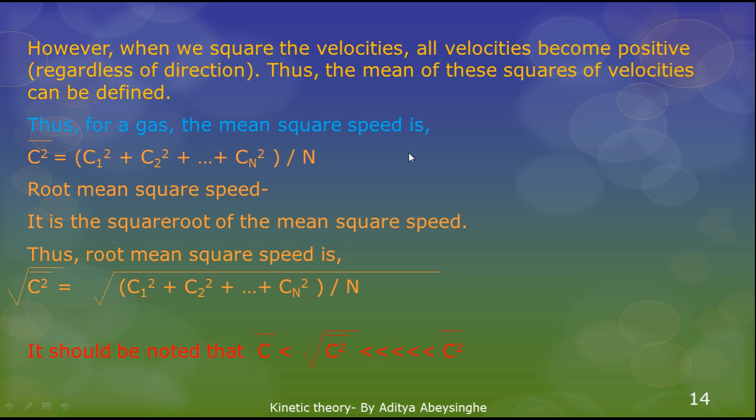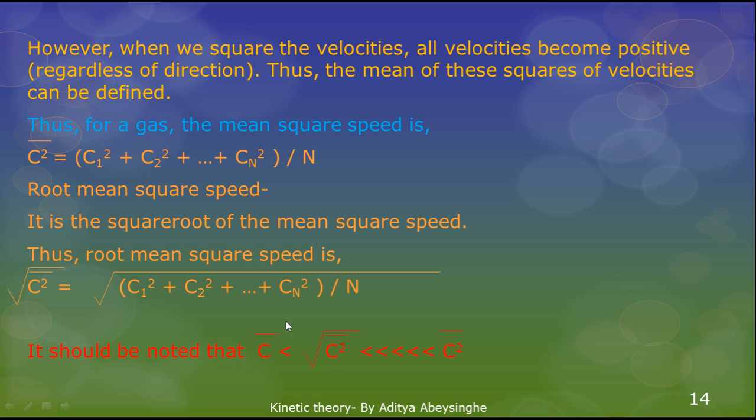Now you know that the velocity here is actually the mean speed. Mean speed is 4. The root mean square speed is 4 point something, and the mean speed is smaller than the root mean square speed. However, both these are 4 or close to 5. However, the mean square value we got is 18.66.